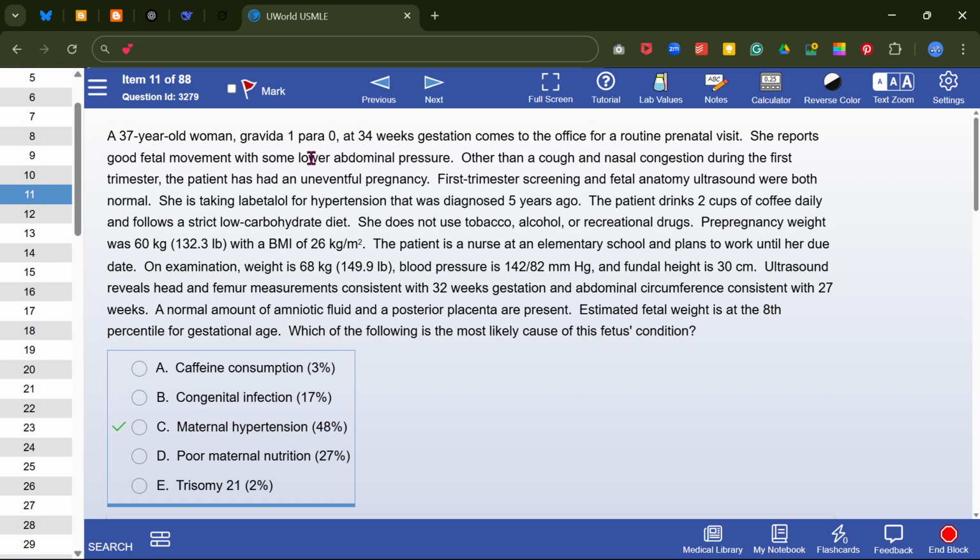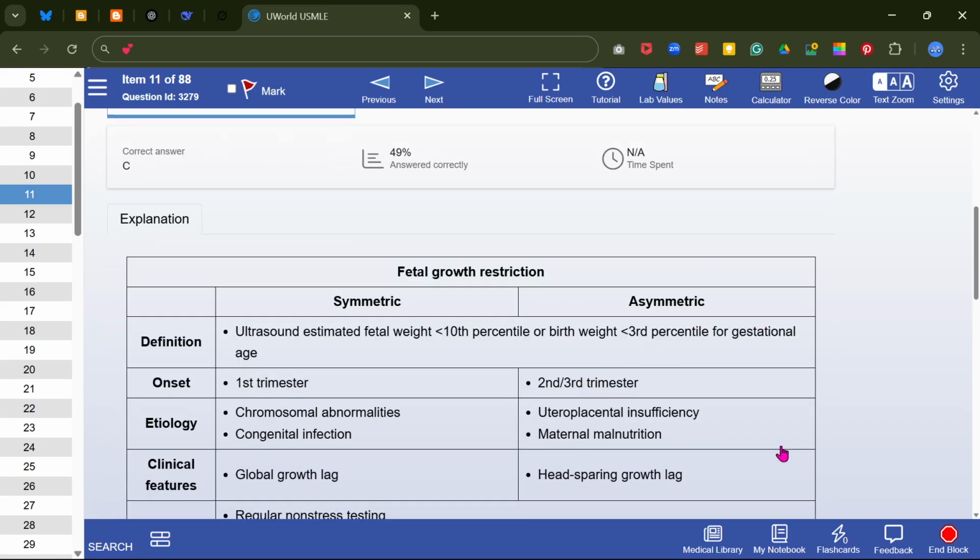The head circumference looks spared, but the abdominal circumference is very, very low, not consistent with her gestational age. So it looks like it happened in the second and third trimester.